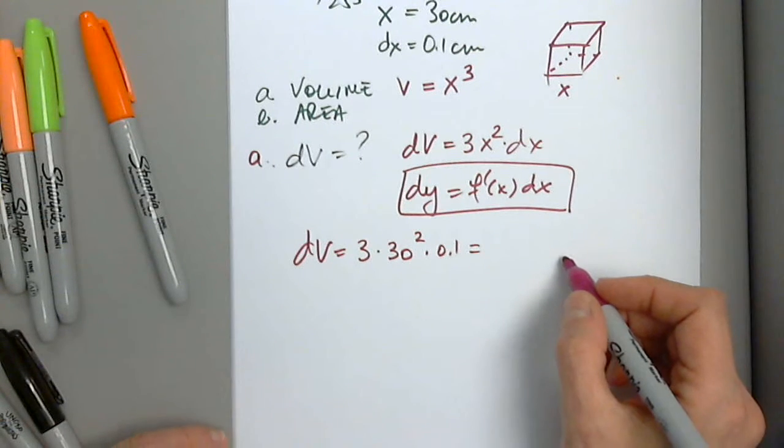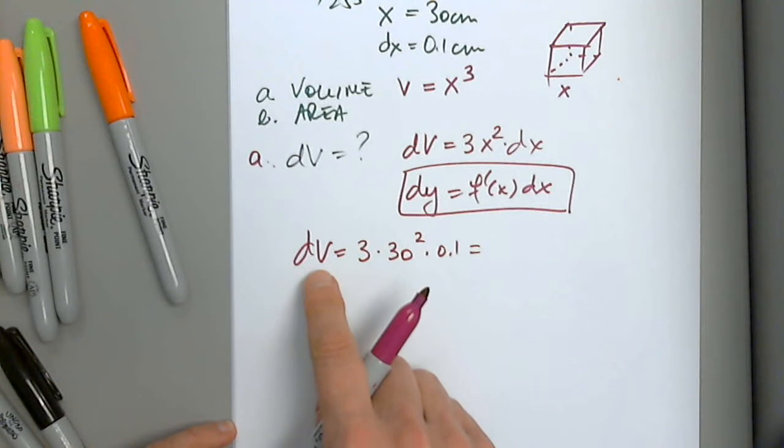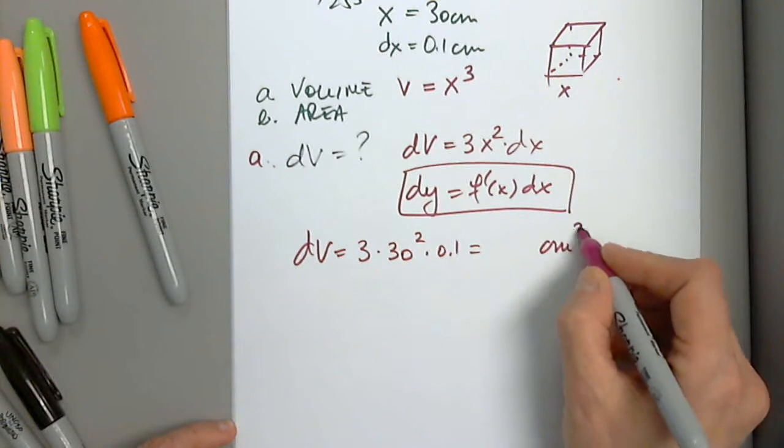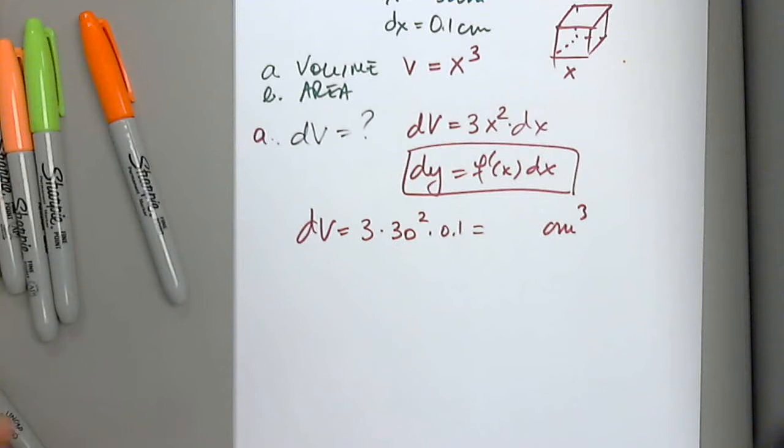I will get a number. What is the measurement unit? Exactly, we're talking about volume. So this is the estimated error. If there is a tiny error in the edge, this will trigger this approximated error, not exact error, in the volume, caused by that dx, caused by 0.1.